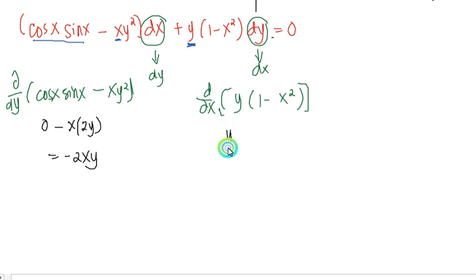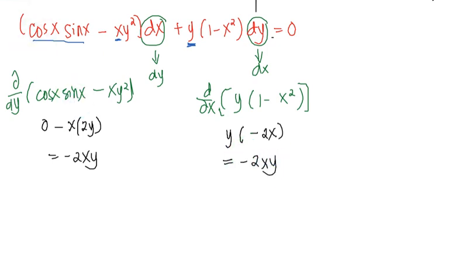So we have y. Then the derivative of 1 is 0. The derivative of negative x squared is negative 2x. So our answer is negative 2xy. So our equations are the same in both functions. Therefore, this is an exact DE.